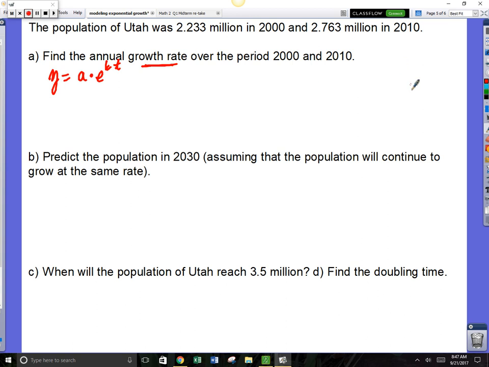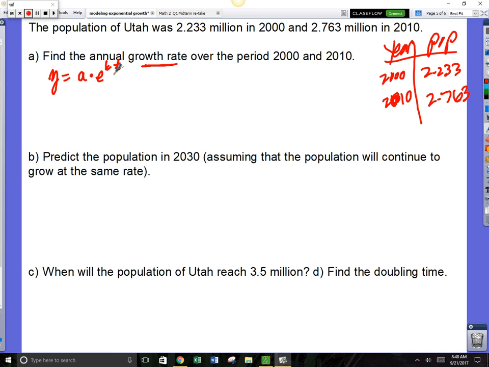We're given two sets of data, the year and the population. So in the year 2000 we were 2.233 million, and then in the year 2010 it jumped up to 2.763 million.